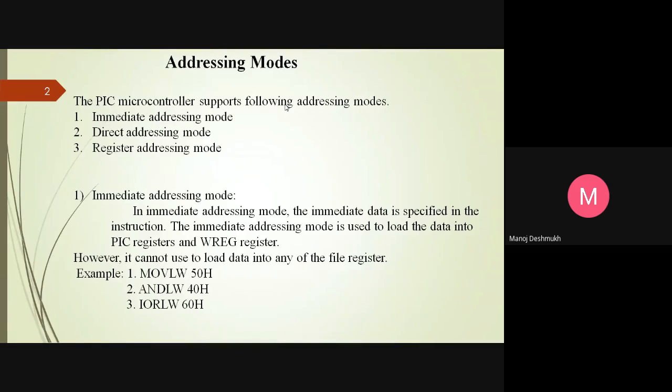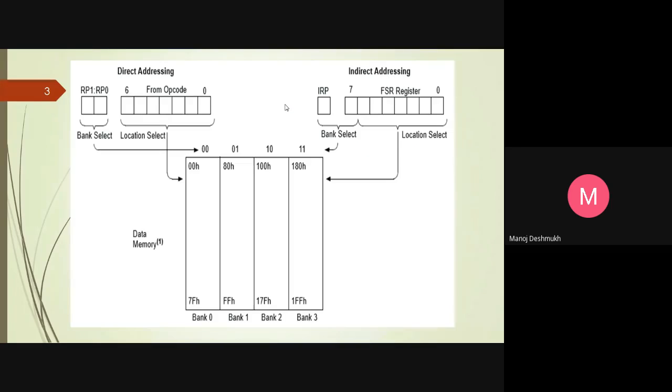But here, addressing modes are restricted up to these three only. So just go with this, that is direct, indirect, and in the diagram itself, it is showing what will be the action or function performed by these two addressing modes, and the number of bits also used for accessing the memory locations.